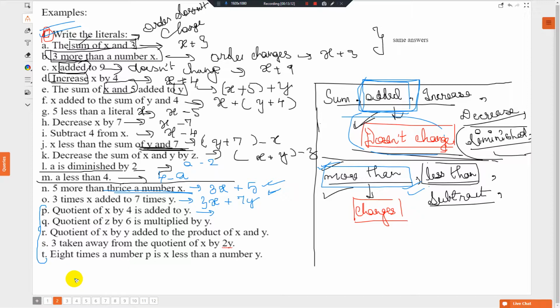In that case, what we do, x by 4, added to y, that means plus y. How do you find whether the order changes or doesn't change? Added to does not change the column.